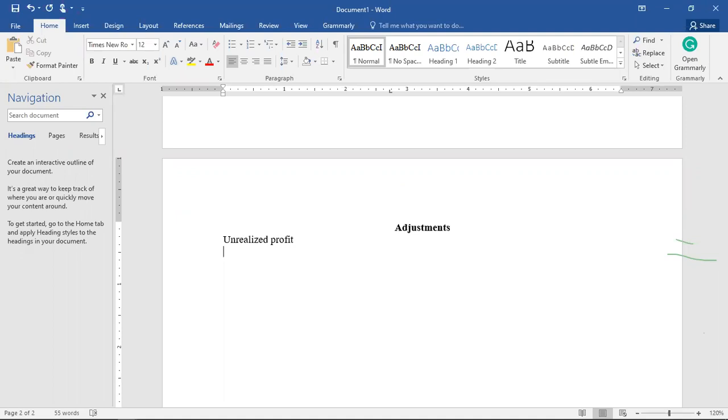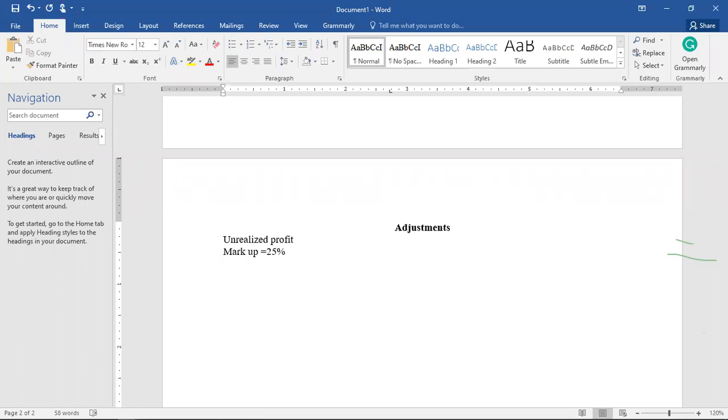Now we are being told that the markup on the sale is 25%, and you were given the selling price, or sales value, to be 5 million.